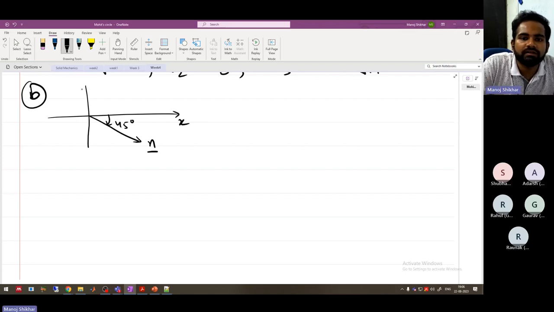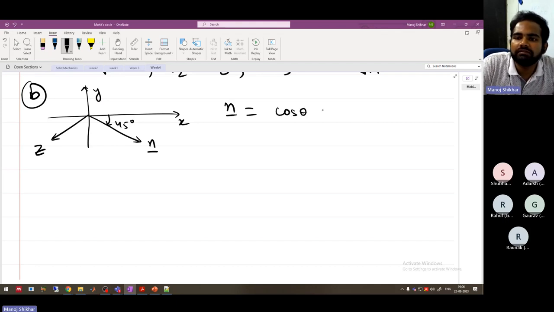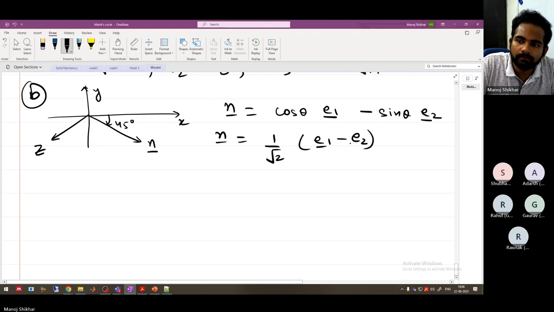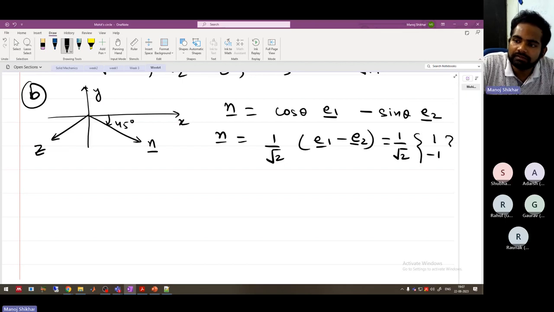This is our X, this is our Y. And let us say this is our Z. So this normal is in XY plane. So we can write n as cos theta e1 minus sin theta e2, which is 1 by root 2 (e1 minus e2), or in column form, 1 by root 2 times (1, minus 1, 0).